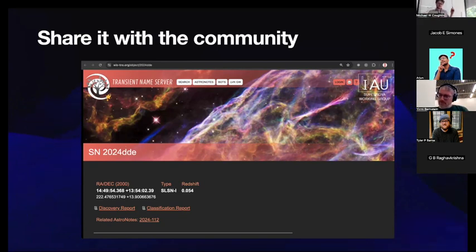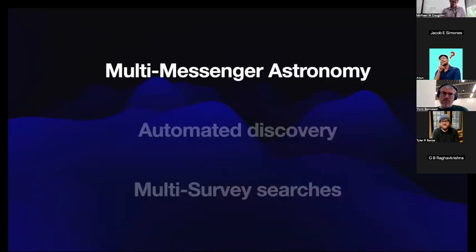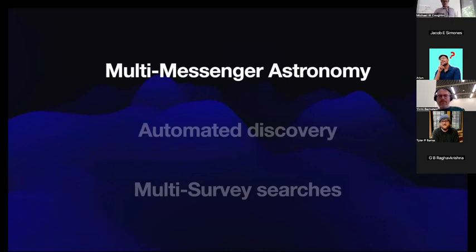This is the place that we expect to be, for example, sending our photometry and spectroscopy going forward, because it's a really nice service to be able to share data.